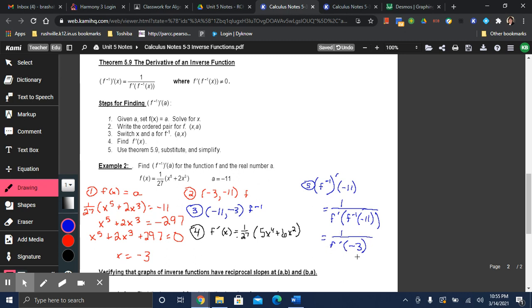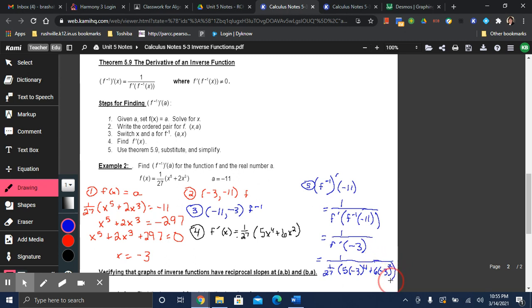Now once you're here, then it's just a matter of plugging in -3 into f prime. So that would be 1 over, and we're going to use a calculator after this step. So 1 over 1/27th times, and then 5 times -3 to the 4th plus 6 times -3 to the 2nd.